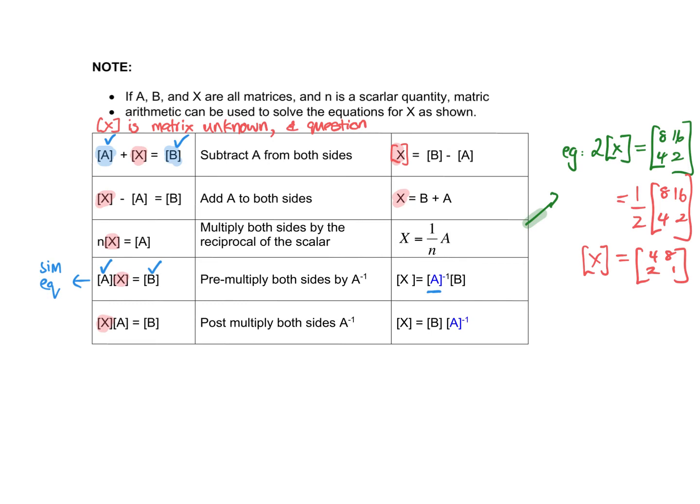Just take note, if you get given a scenario, it would not be a simultaneous equation scenario, it would be another situation where they may say we don't know what matrix X is, but if you multiplied it by A, you would get the answer of B. Then when they say find X, you've got to move that A over the equal sign. You want to divide.